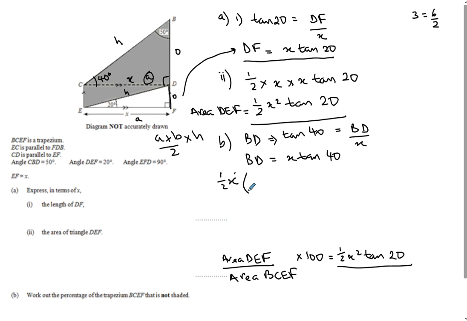So you've got CE, which is the same as the O, which is the same as DF. So you've got X tan 20, and then we're going BF. So BD is X tan 40 plus, and then DF with X tan 20.